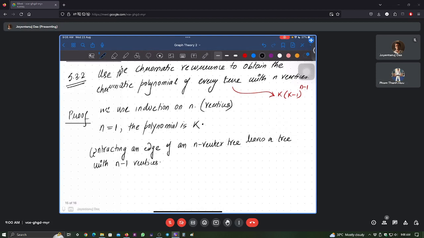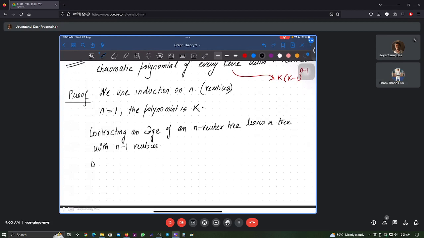And if we delete an edge, so deleting the edge leaves a forest of two trees.